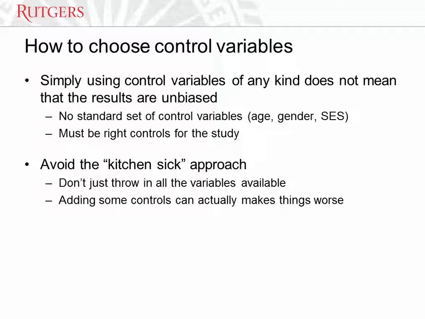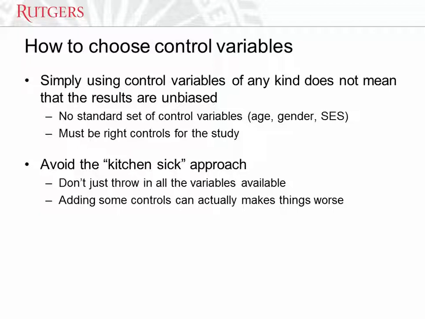But also, when you're looking at studies that use control variables, this skill of thinking about how to choose control variables is useful for judging the quality of evidence when you see studies that use this approach.